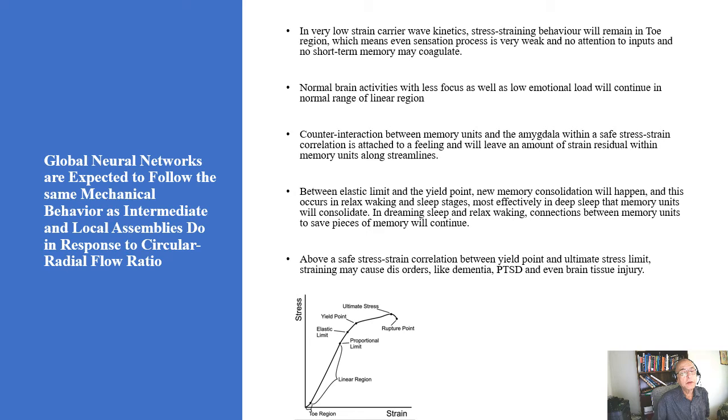A typical stress straining curve, which indicates viscoelastic property of the location, is valid for a neural assembly in any cortex location, as well as a train of neural assemblies along a pathway, and finally the global brain activity that is made of a complex of pathways.